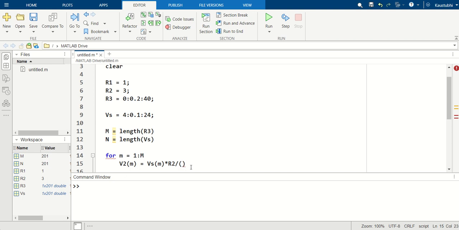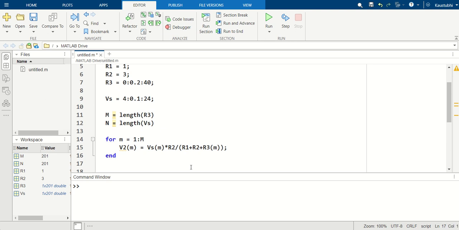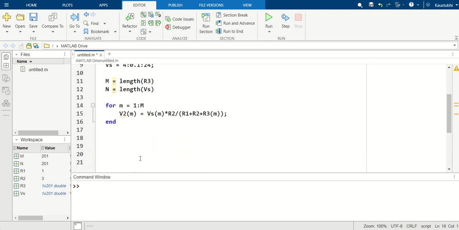All right. Now, what is the total resistance? R1 plus R2 plus R3 of m, because we want to find the mth value. Now we close the for loop by putting end. So this is how we write the program with a for loop.